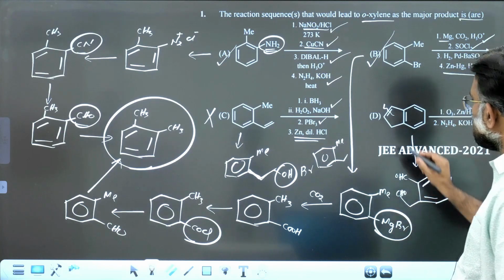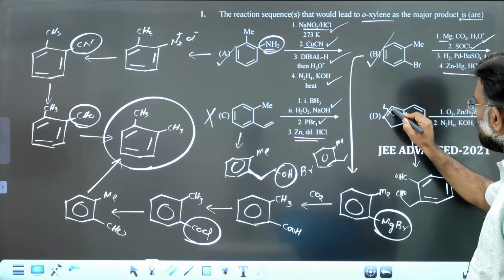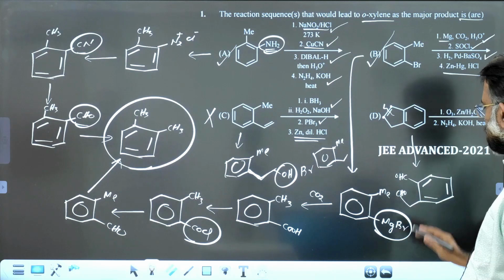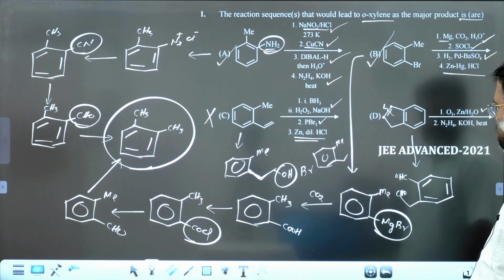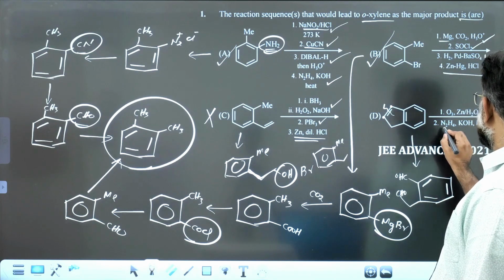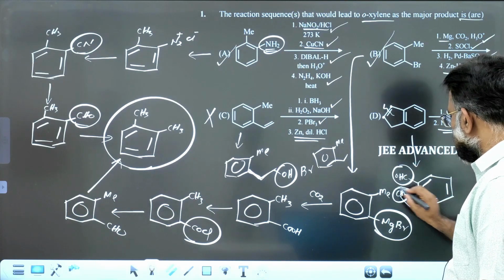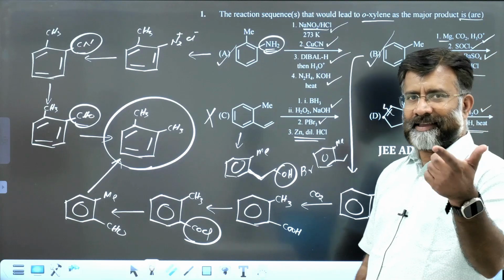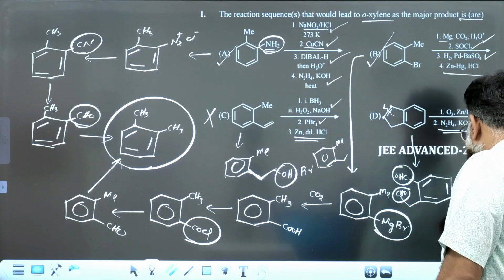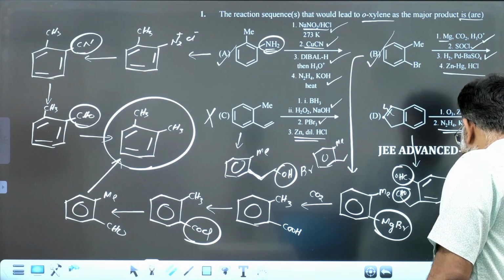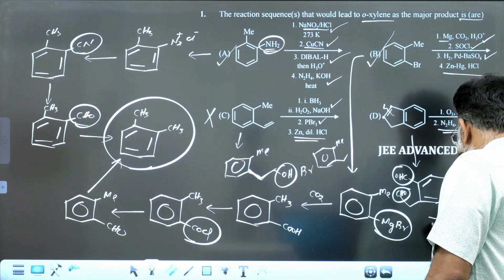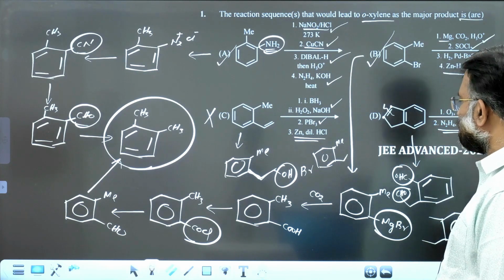This carbon will turn into CHO, and this carbon will turn into CHO as a result of ozonolysis. And now what is happening next? This is Wolff-Kishner reduction. Both the groups will turn into alkyl groups, and the result is this is a methyl group, this is an ethyl group. In fact, the same result.